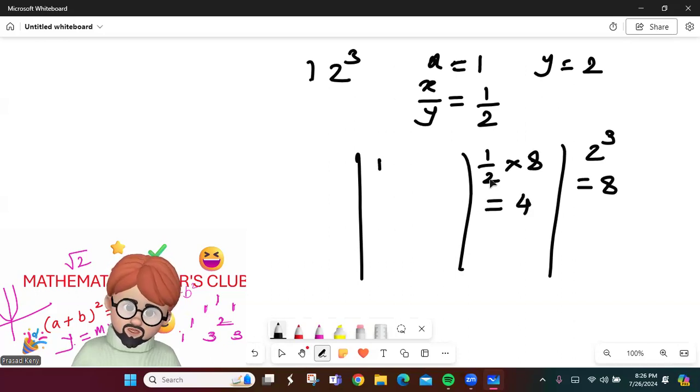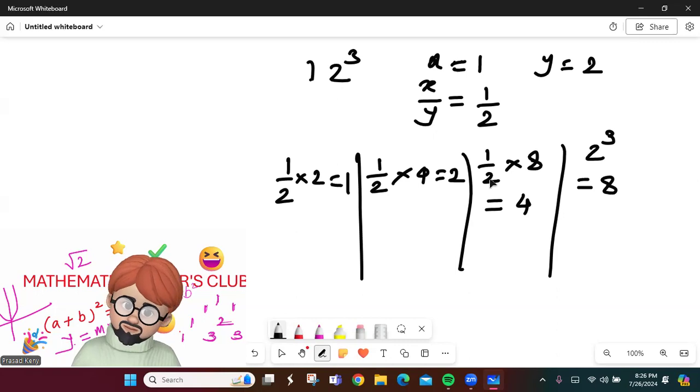Again, once more, I will multiply 4 by the ratio 1 upon 2. That is 2. And then again, one more time, multiply by 1 upon 2. That is 1.